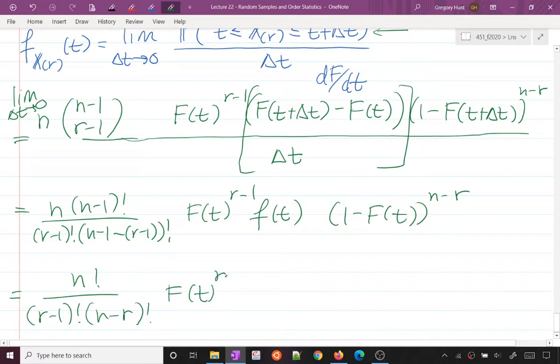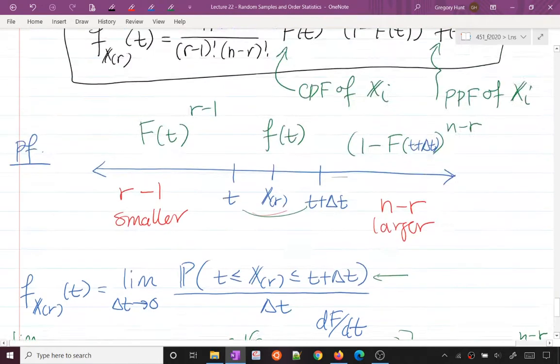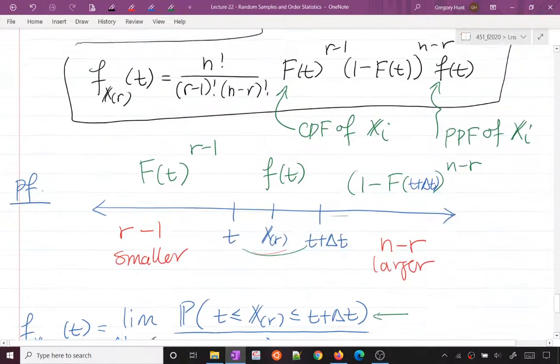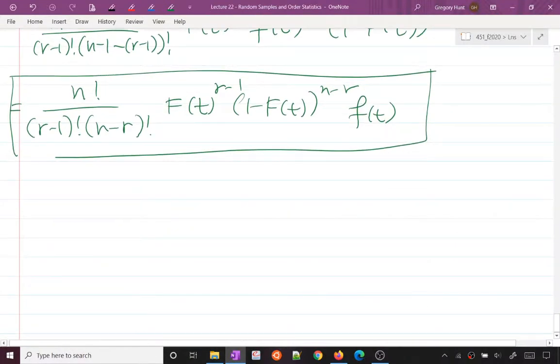We get F of t to the r minus 1, and we can rearrange it, 1 minus F of t to the n minus r times little f of t. And that is exactly what I'd written above. This was our theorem: n factorial over r minus 1 factorial, n minus r factorial, times CDF to the r minus 1, times 1 minus CDF to the n minus r, times the PDF. So that's cool, and that gives us our formula. It's a little bit of a hand-wavy proof, but that's okay.